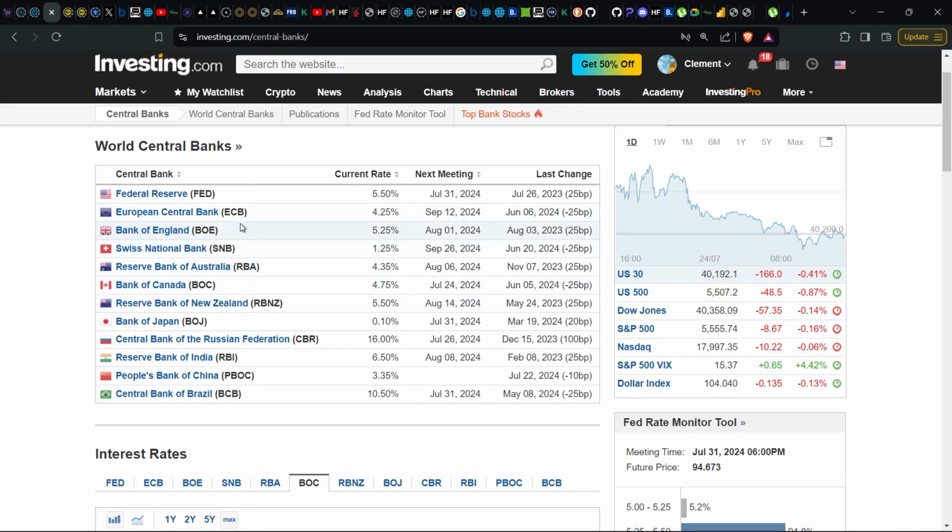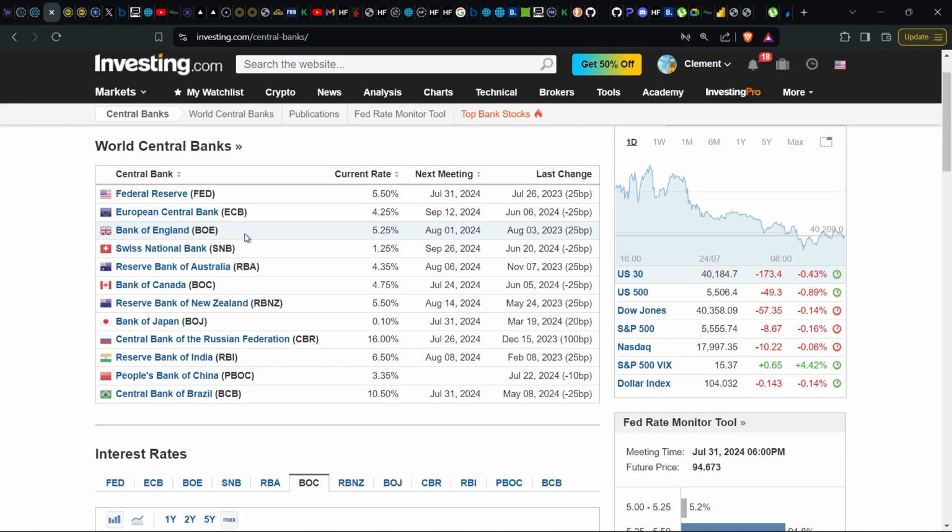So what that means is these two mainly, their movements are highly affected by interest rate expectations.